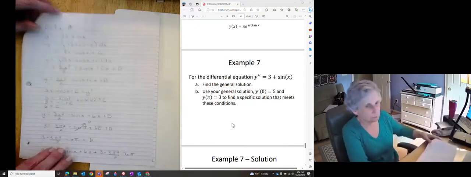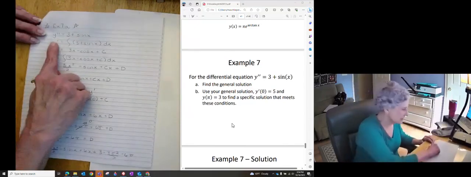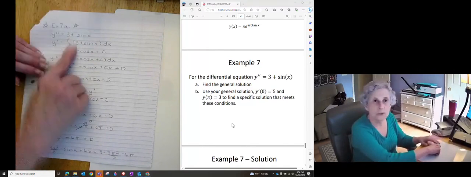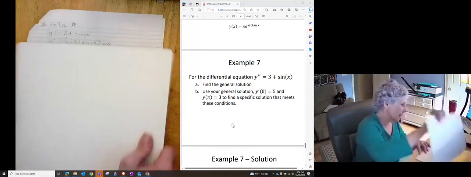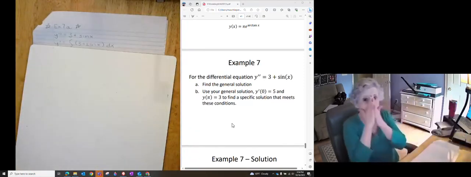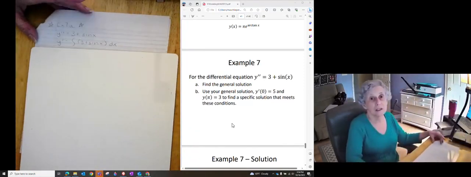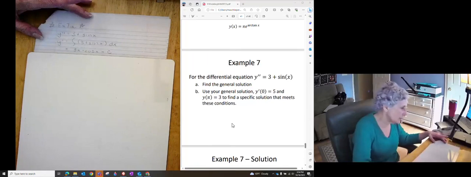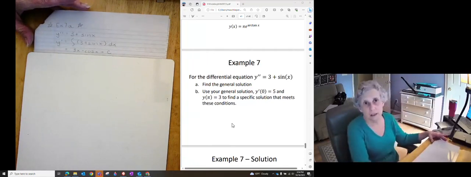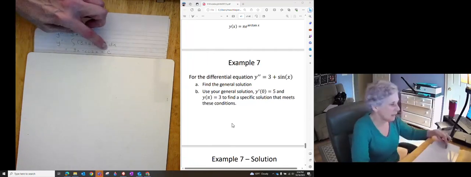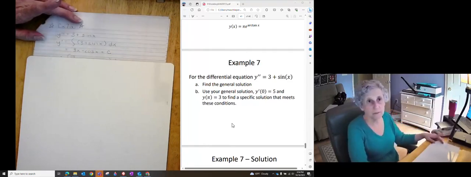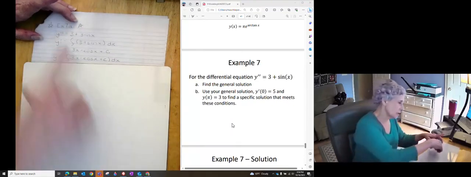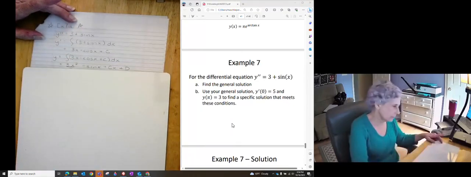There it is. So 7a, we have the second derivative is equal to 3x plus sine of x. So first thing I do is I take the integral because that will give me the first derivative. And the first derivative has a constant in it. I named that constant c. I want to know what y is, so I take the integral of the first derivative.